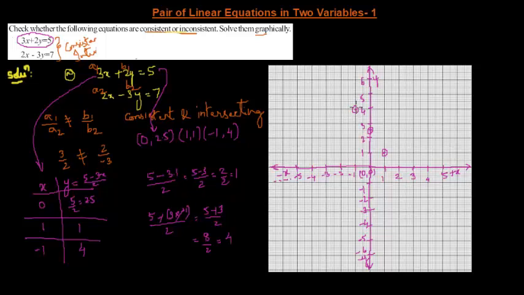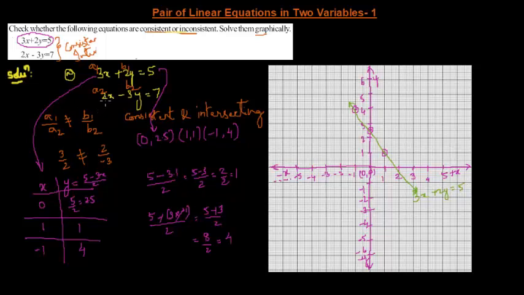So I got points like this. So I get a line which passes through these points in this manner. Now this line is 3x plus 2y is equal to 5.